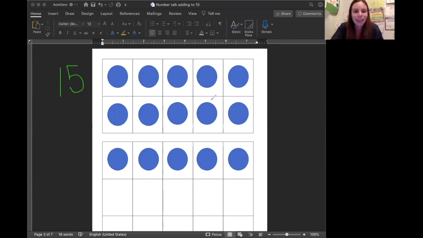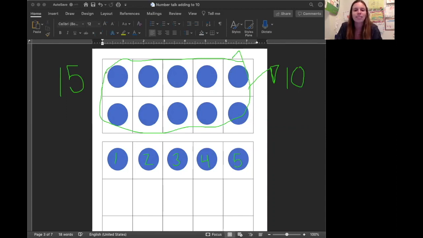Well, there's a lot of ways we could know. We could count, but we could also use what we know about tens frames. This right here is one full tens frame. And then we have some more. How many more? 1, 2, 3, 4, 5 more.